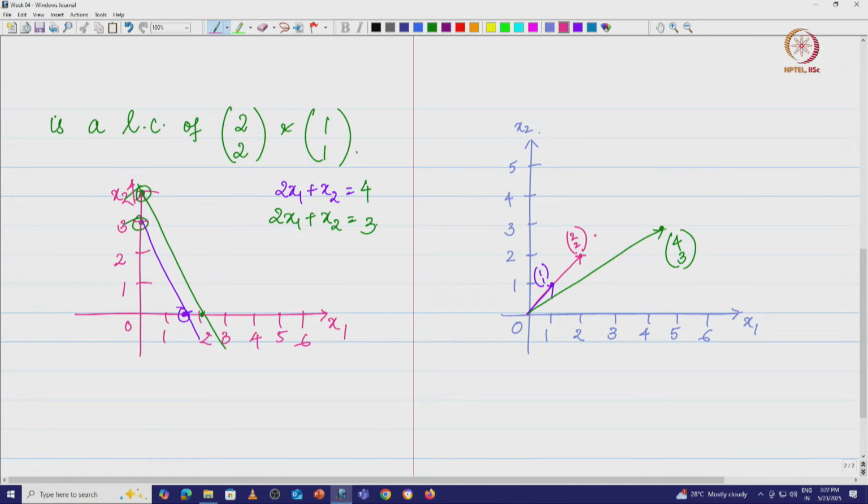Now, what we see here is this line passing through the origin and along this direction of 1 1 is basically a subspace, which is something we all know. So, the subspace spanned by 2 comma 2 or 1 comma 1 is the line passing through the origin and through the point 1 comma 1 and in the direction of 1 comma 1.